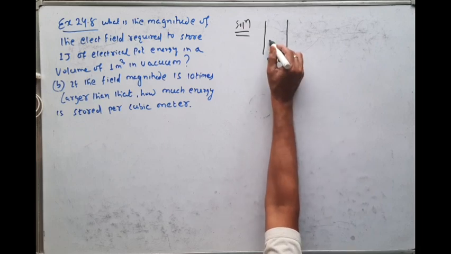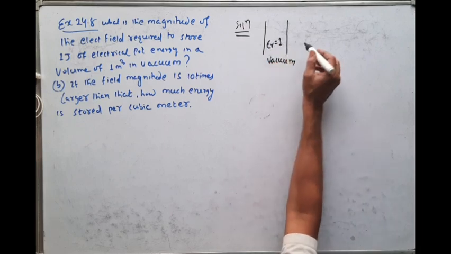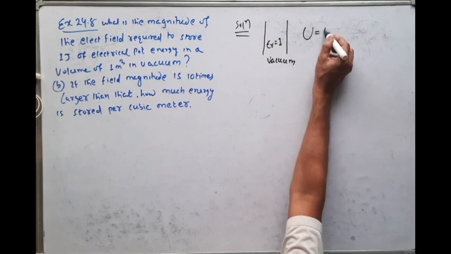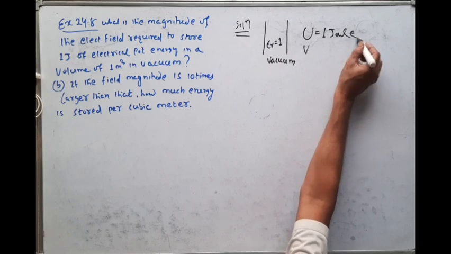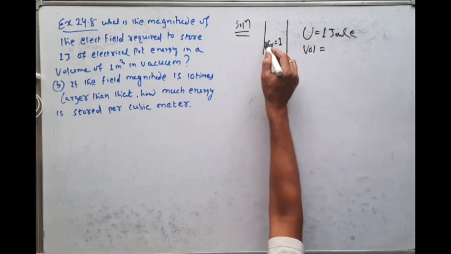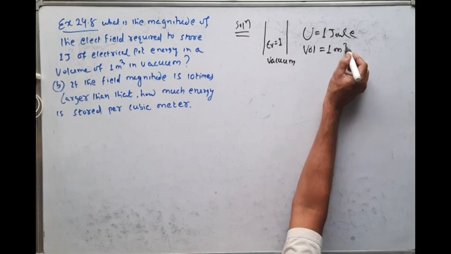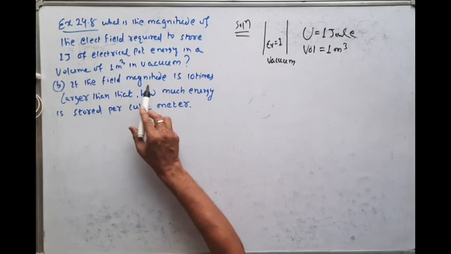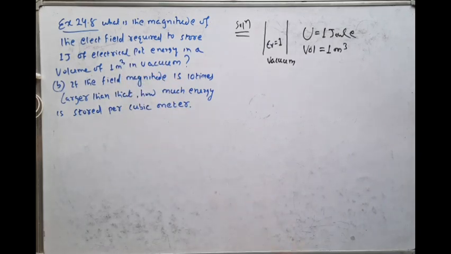So if it is vacuum, the relative permittivity is equal to 1. Here, the energy stored is equal to 1 joule. And the volume of the vacuum is equal to 1 cubic meter. So you have to find the magnitude of the electric field.